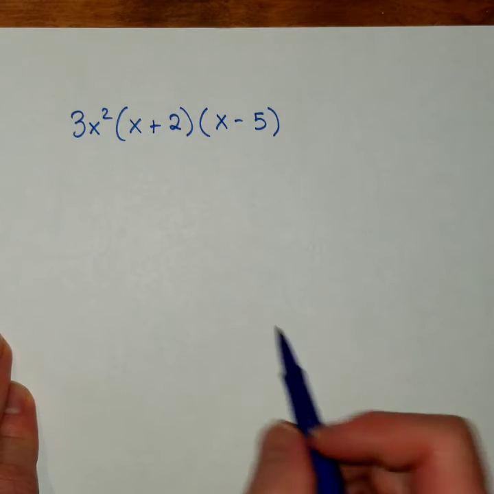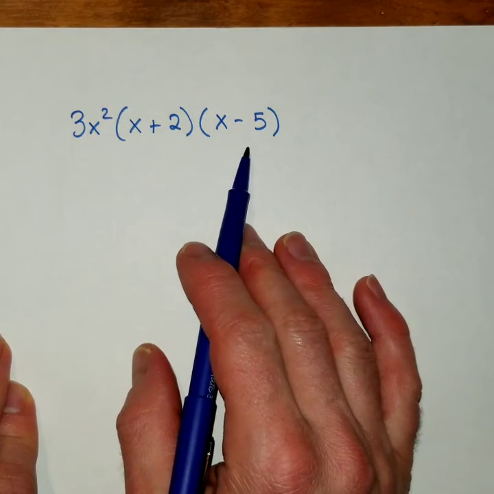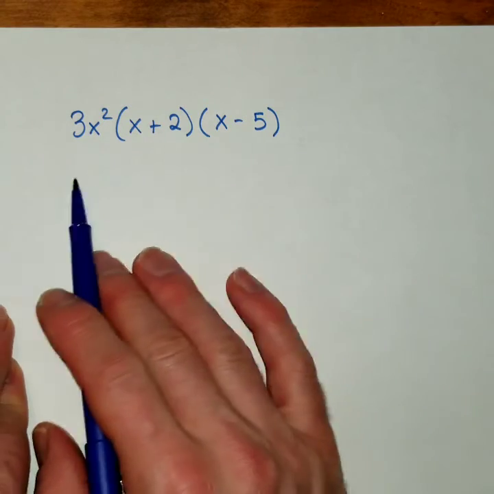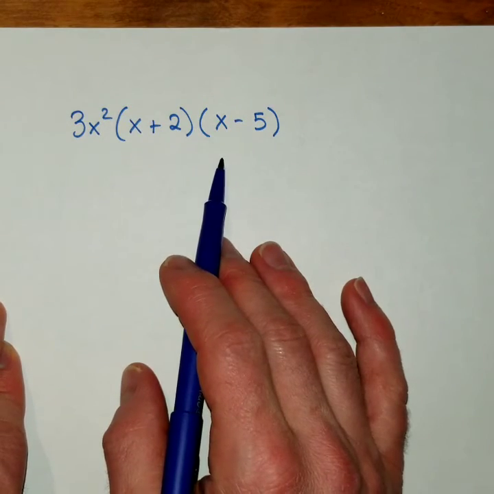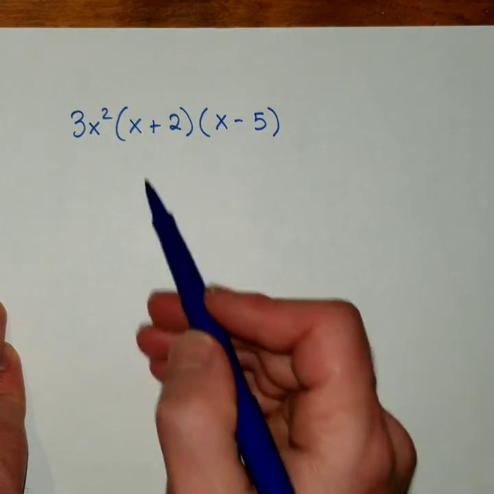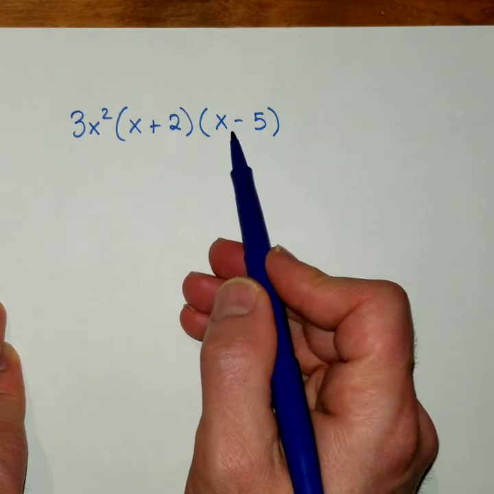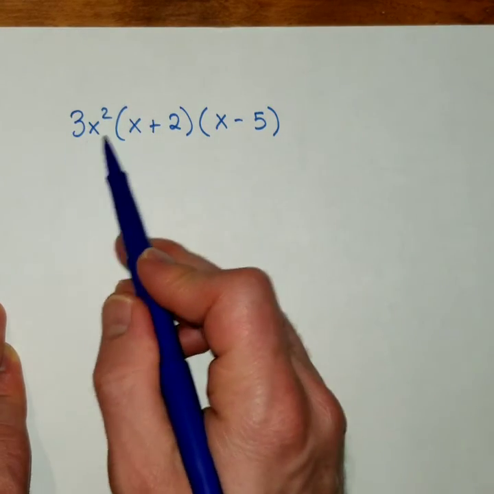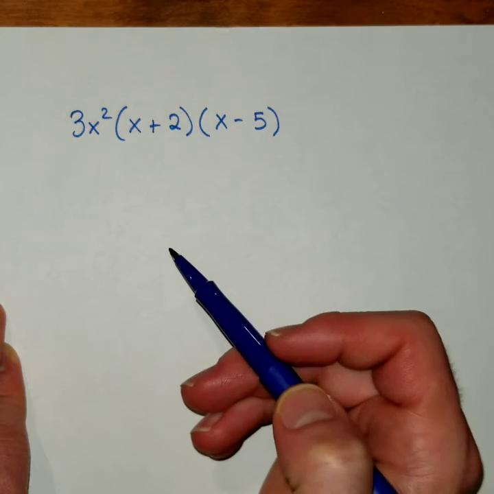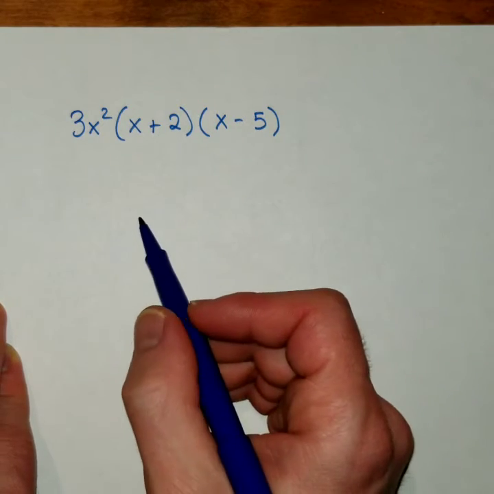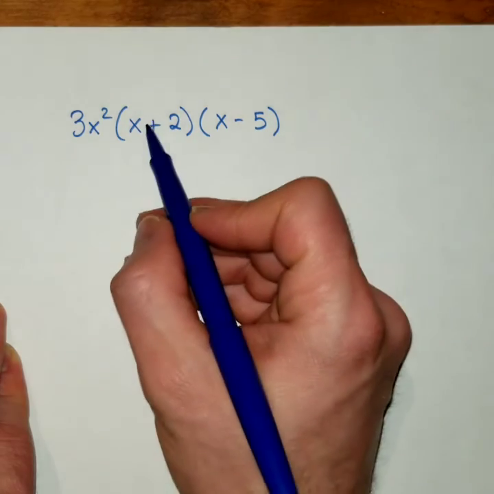So you can multiply in any order. Multiplication is commutative and associative, so it doesn't matter the order. And so I often do the binomials first and then bring the monomial in. That's just my personal preference. It keeps the exponents as small as possible. So I'm going to do that.